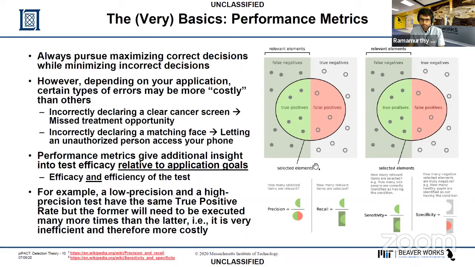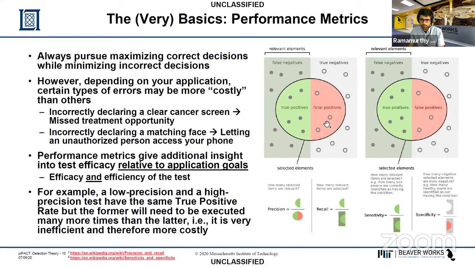And divided down the center is basically our decision space. On the left side, we declare it's a positive. On the right side, we declare it's a negative. As you can see here, inside the circle and on the left is when we correctly declare it's a positive, so that's a true positive.